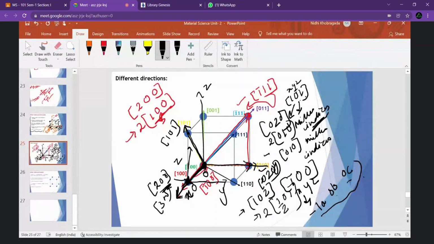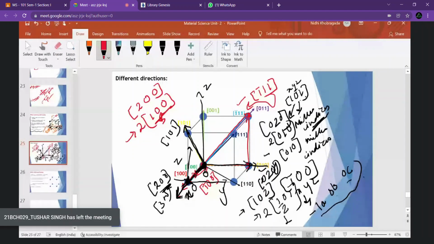Okay, so suppose this is our origin, half position for the x-axis. Okay, so it will move from this side to this position. Okay, so this will be the half, right? Then again 0, so it will remain here only. Then after that it has to move one position for the z axis.